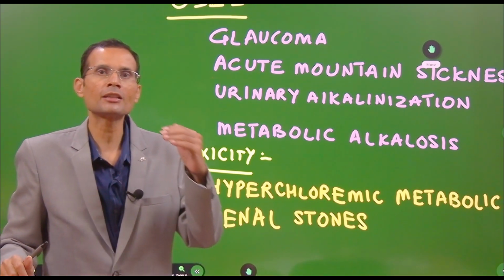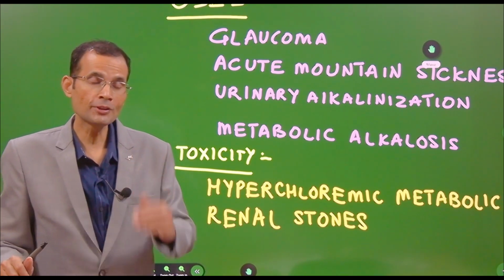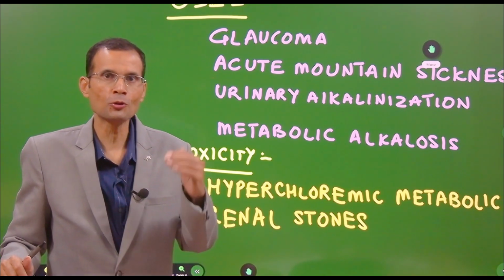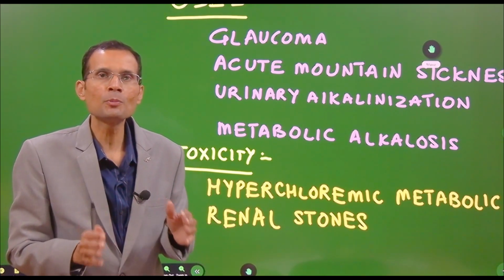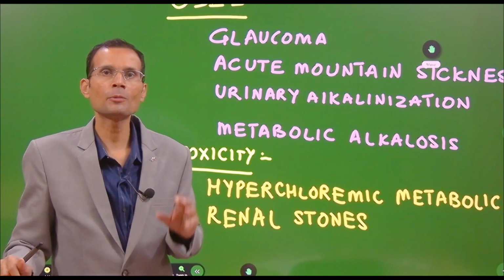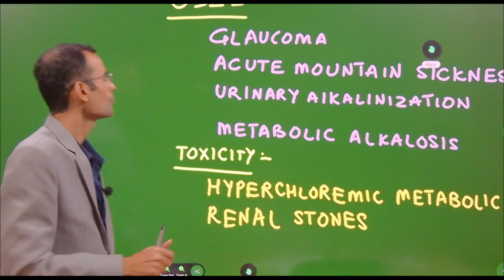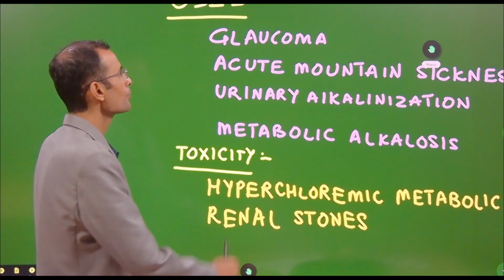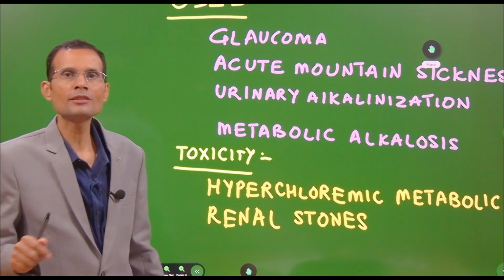So if this bicarbonate secretion is blocked, aqueous humor formation will be decreased, and thereby the intraocular pressure can decrease. So it's useful in glaucoma, and acute mountain sickness.